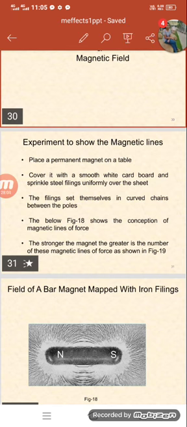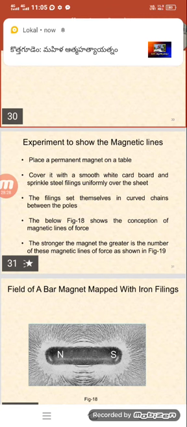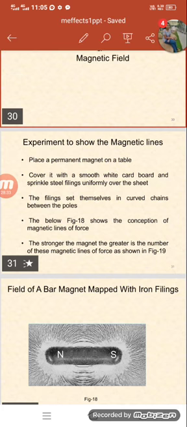Figure 18 shows the conception of the magnetic lines of force. The stronger the magnet, the greater is the number of magnetic lines of force.